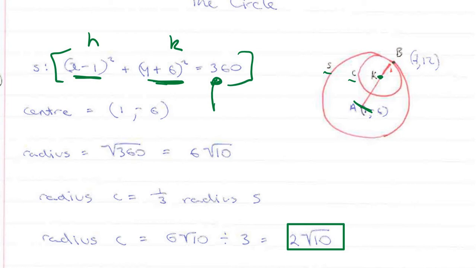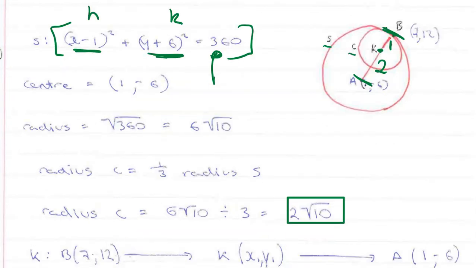We know that from the point A to the point B, that's 1 unit, and we know that that radius is 1/3 of the entire radius, so this proportion from K to A must represent 2/3, and that one represents 1/3 there. So I've represented that down here, where B is 7, 12, A is 1, minus 6, and K is somewhere in between, but we know the proportion along the line at which it lies.